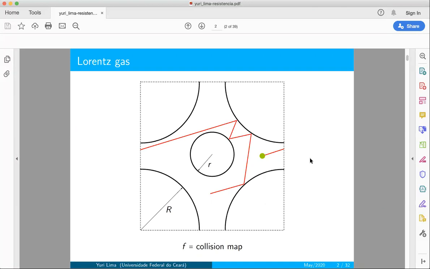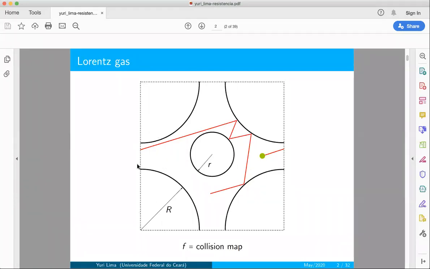Starting my talk, I would like to start actually with an application of the results that I will mention towards the end of the talk. So consider a classical Lorentz gas. It is the two-dimensional torus in which you have this fundamental domain given by this square, and you put two obstacles in this torus. You put an obstacle here in the center with radius small r, and you put an obstacle in this vertex.